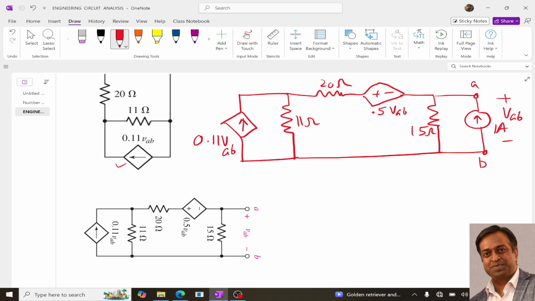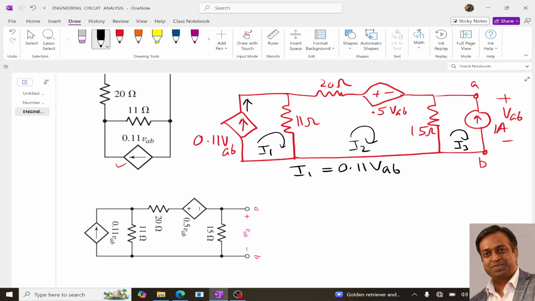So now to solve this circuit, again we can use mesh analysis. Let me put the mesh loop currents: let this be I1, let this be I2, and let this be I3. Now in loop 1, since we already have a dependent current source, directly we can write that I1 is equal to 0.11 VAB, right?